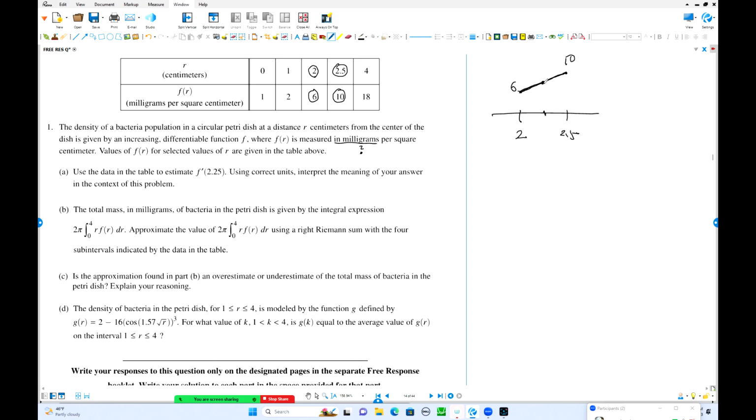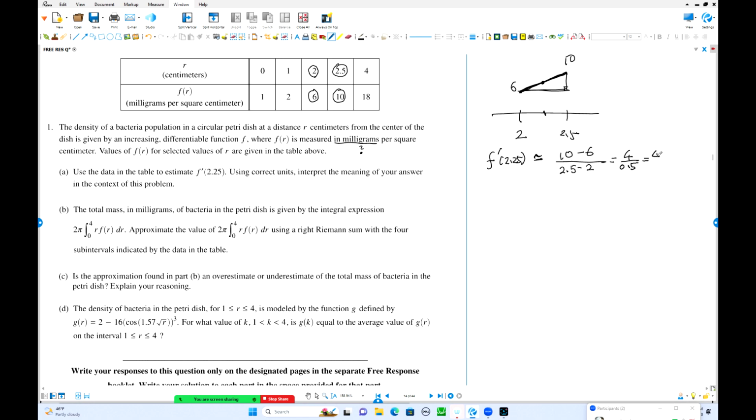So what is the slope at this point? A constant slope, that's our definition. It's the average rate of change over here. f prime of 2.25 is approximately the slope of this one: y2 minus y1 over x2 minus x1, so 10 minus 6 is 4, and 2.5 minus 2 is 0.5.